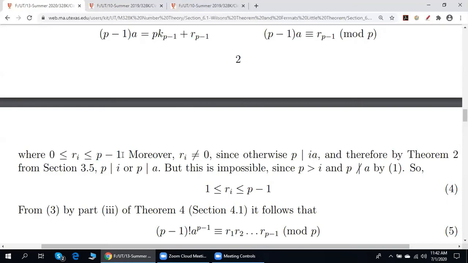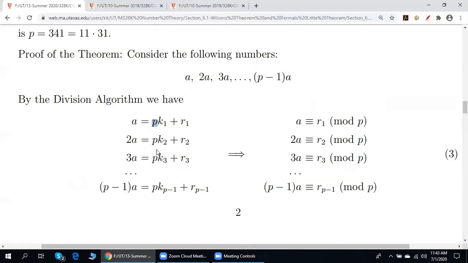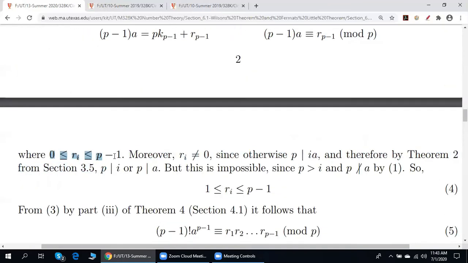Is that not by the definition of the division algorithm? By the division algorithm, absolutely. By the division algorithm, all our remainders are greater than or equal to 0 and less than or equal to P minus 1. So this is by the division algorithm.